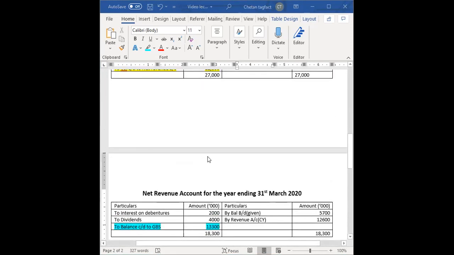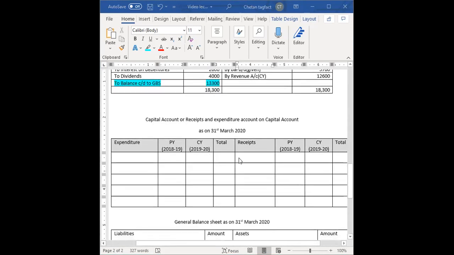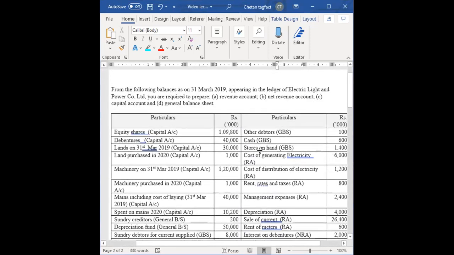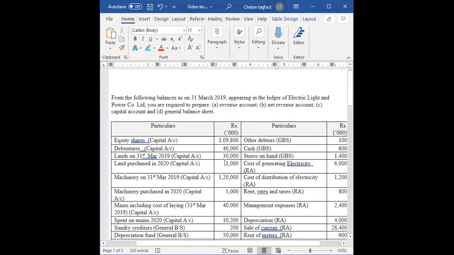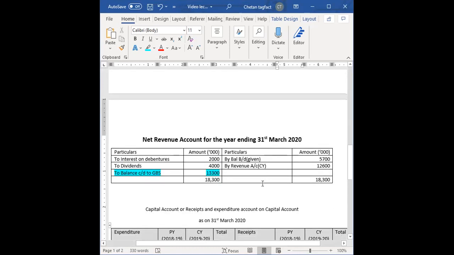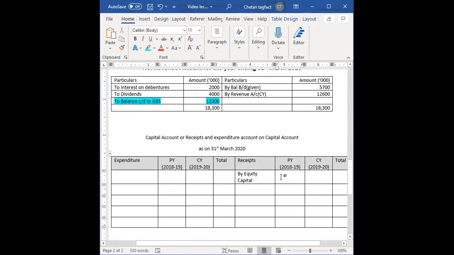Okay, so we are going to take it onto the receipt side by equity capital. So equity capital, how much we have? This is given only for 1 year. So we assume that during the year there was no additional issue of shares. So we take this as last year's balance.